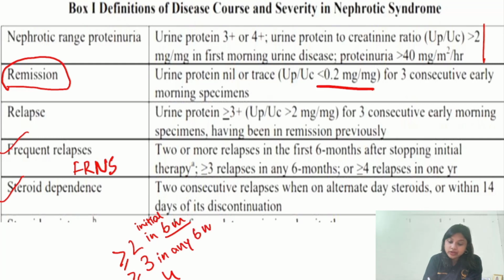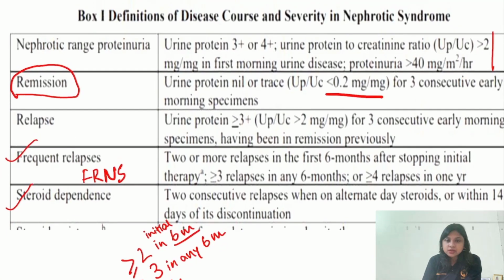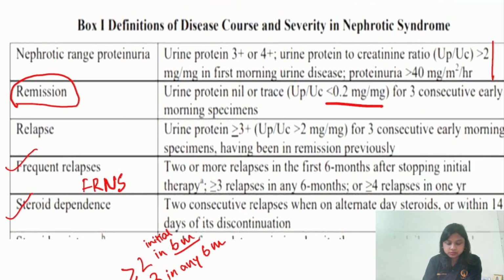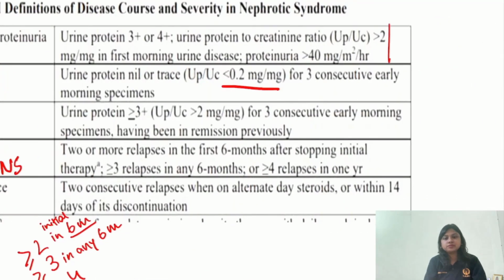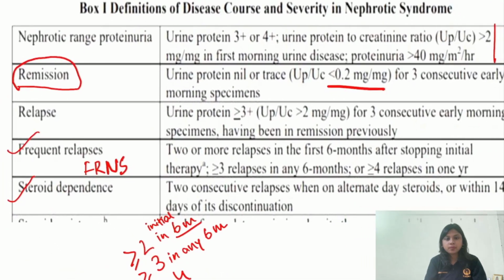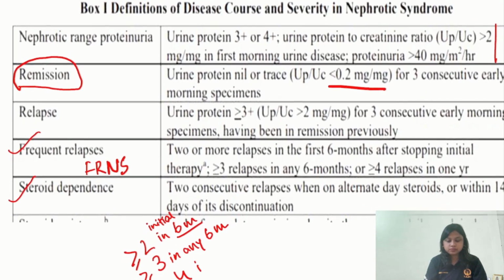So you have to read very carefully whether in the question it is mentioned any 6 months or the initial 6 months after stopping, and more than or equal to 4 relapses in 1 year. Okay. So more than or equal to 2 relapses in the initial 6 months, more than or equal to 3 relapses in any 6 months, and more than or equal to 4 relapses in 1 year. This is what we call FRNS.